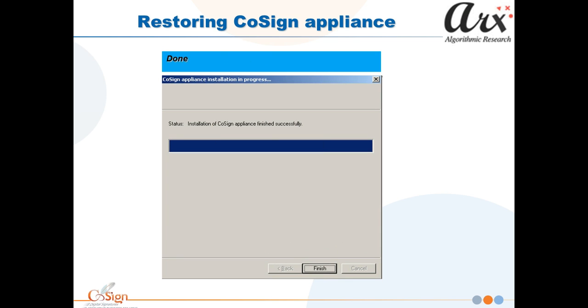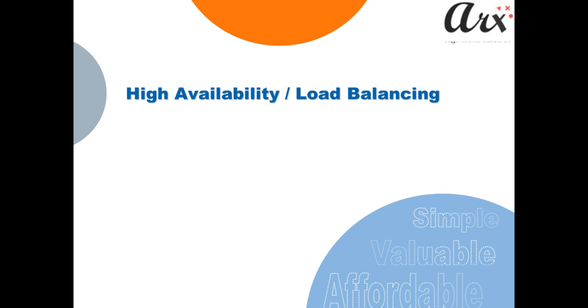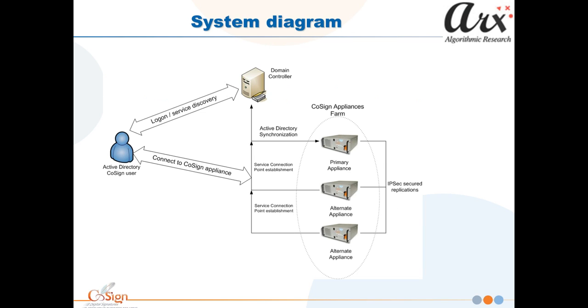Our next header here is high availability and load balancing. Okay, so I'm going to bring up a screen that shows a system diagram of a high availability setup. You can see that we're going to have our domain controller, our Active Directory CoSign user, and our CoSign Appliance farm.